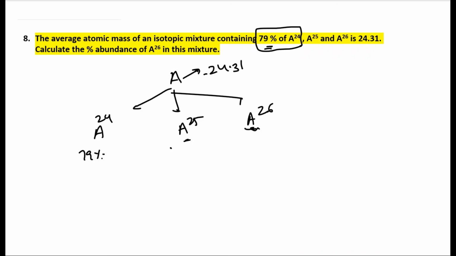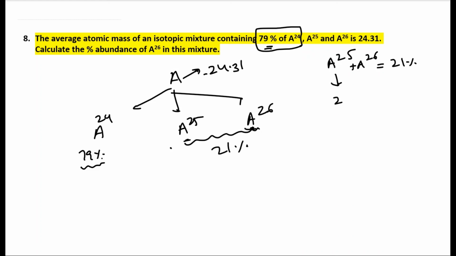It is 21%. A25 and A26 together occupy 21%. In this, suppose A25 is X%. What about A26? It is 21 minus X%.